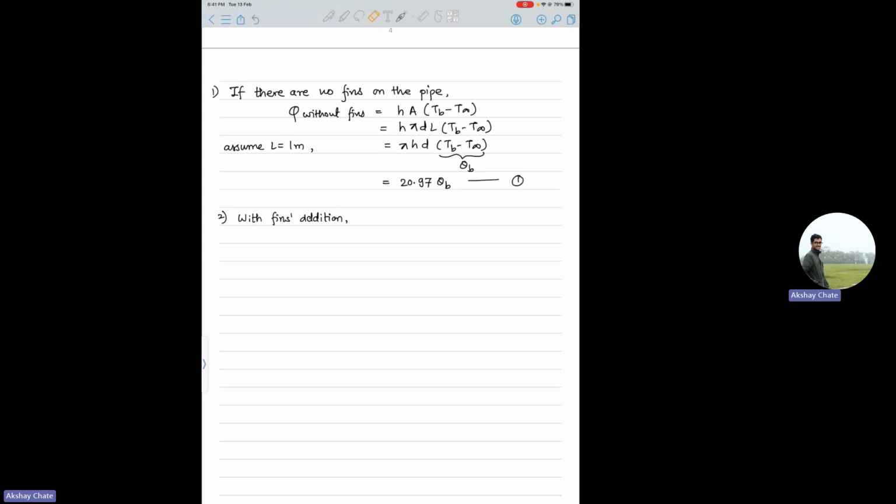So what will be your base area, which is surface area of the pipe without fins. So that will be again surface area is pi d L minus, you have to subtract those.